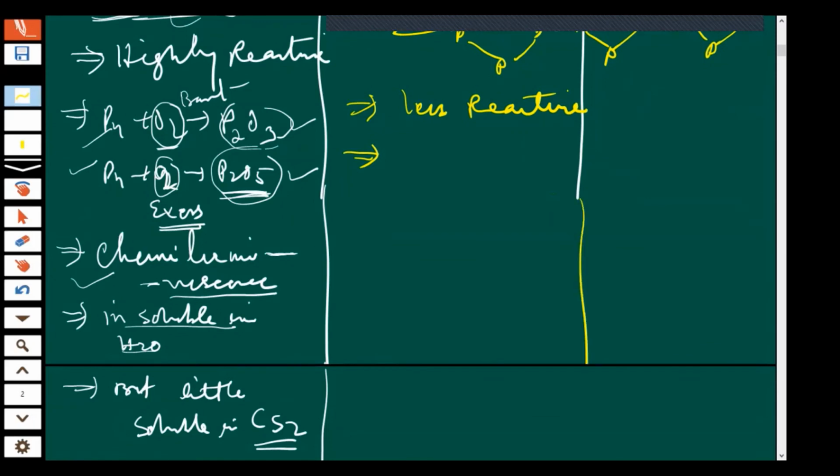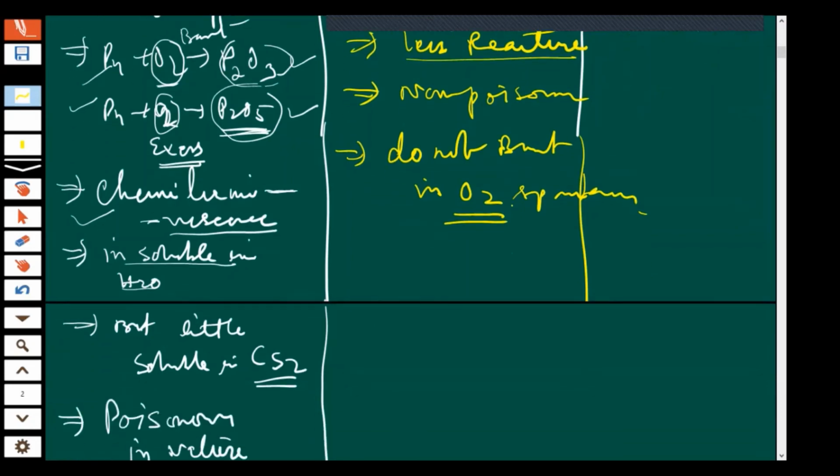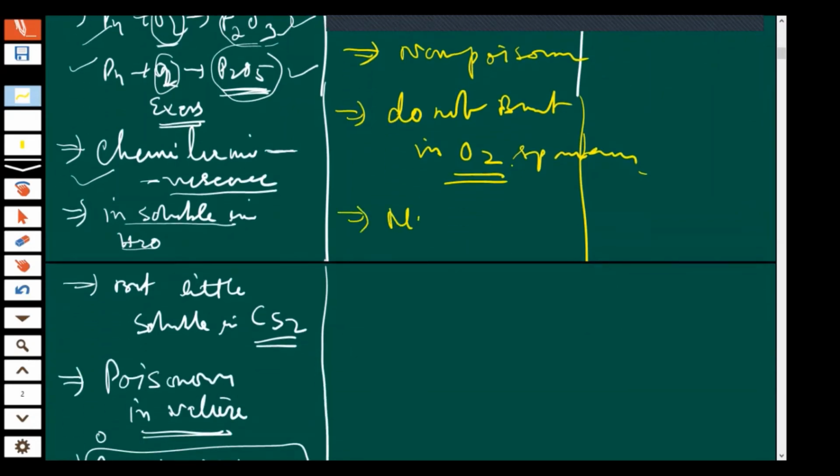Okay, children. So less reactive and non-poisonous. Then it does not burn in O2. In air it will not burn automatically or spontaneously. Okay, no chemiluminescence.